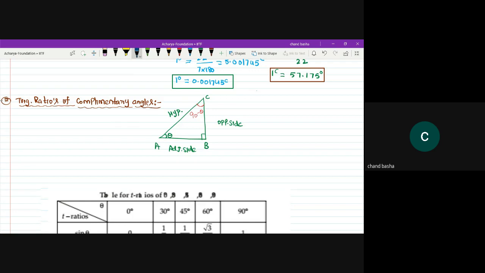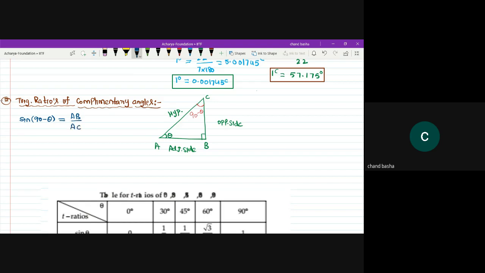That is sine of 90 minus theta. Here, what is meant by sine theta? Sine theta means opposite side by hypotenuse, that is AB upon AC.